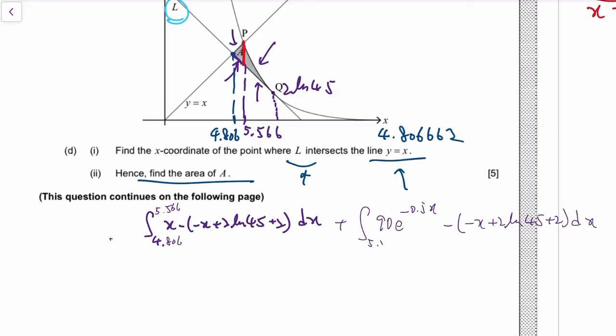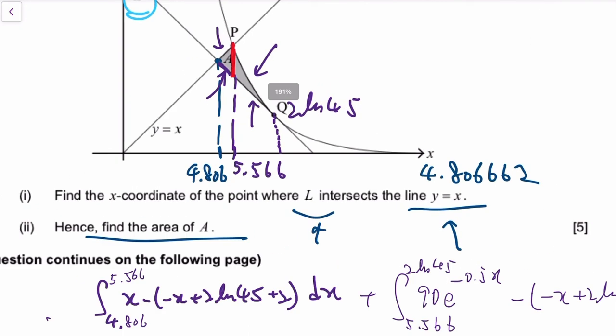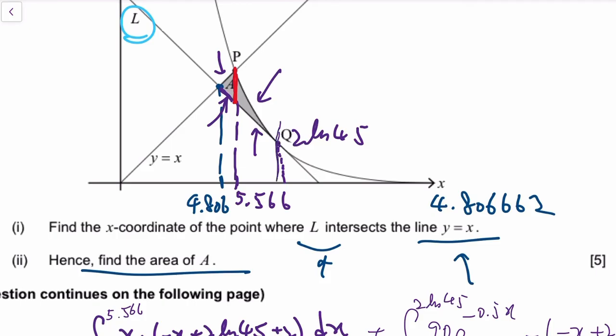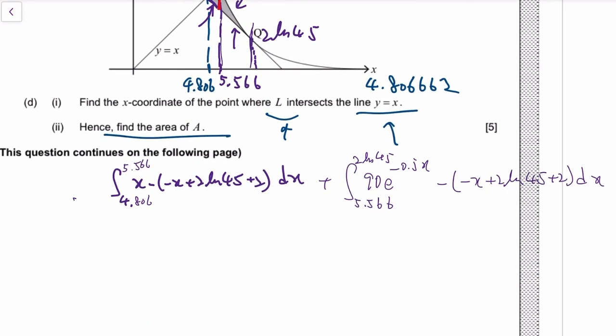Alright, from 5.566 to 2 ln 45, because this is the cutoff point. Then you will basically type this whole thing into your GDC to find the area.